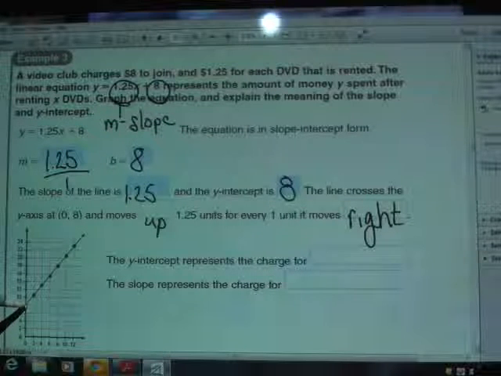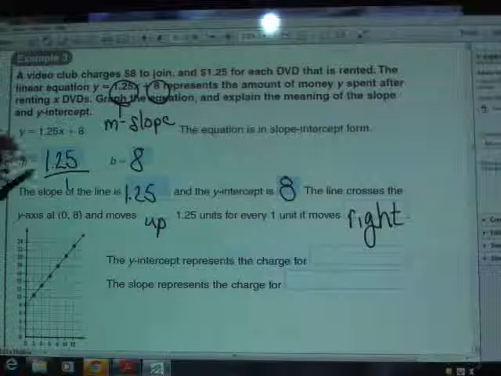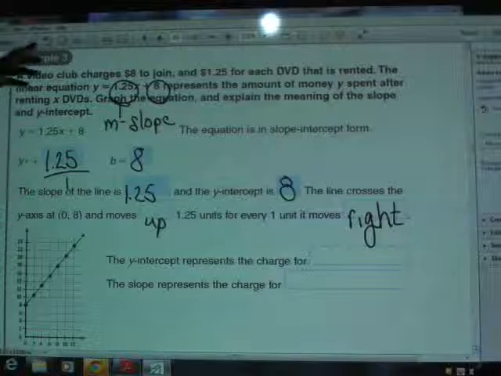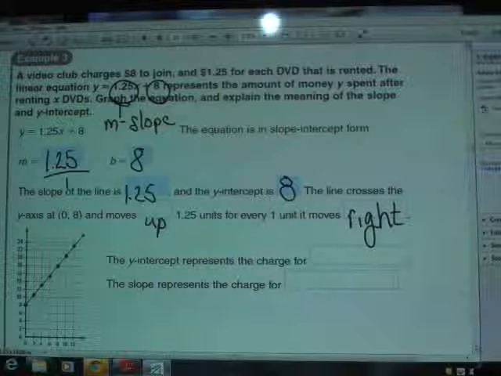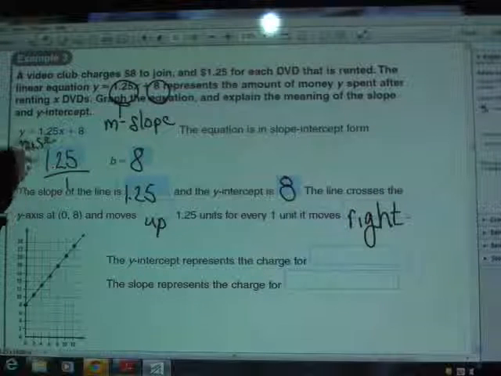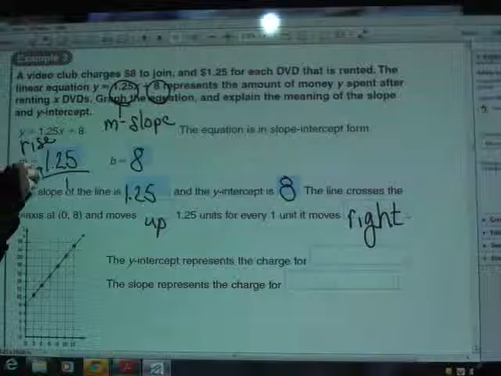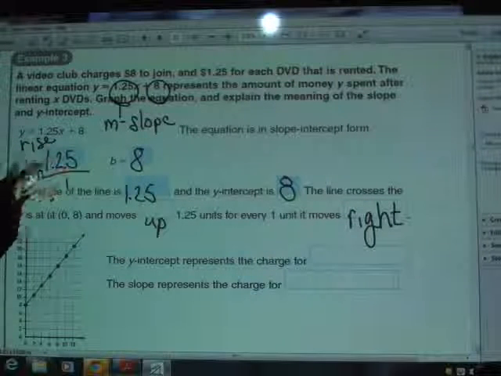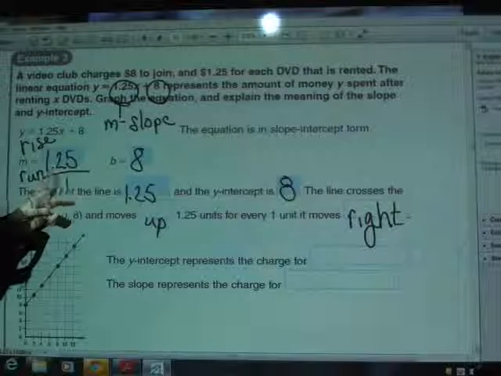Then what you want to do after you plot the y-intercept is come back and look at the slope, which we said was 1.25 over 1. You're then going to plot the slope in the same way we did previously. Remember, slope represents the rise and the run. So this means I'm going to rise 1.25 units and run 1 unit.